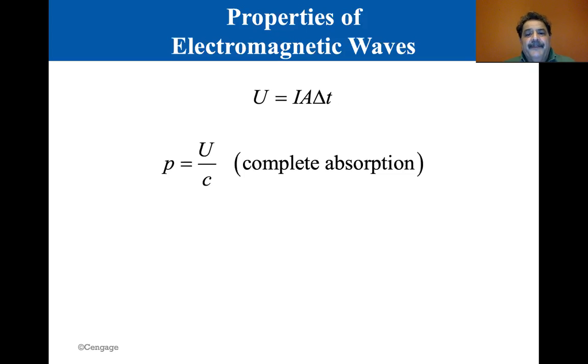Now, if the momentum is equal to U over c, you get complete absorption. Do you remember, well, I didn't have y'all last semester, but if we talked about momentum, if you talked about a ball ricocheting off the wall, you would have m times v.